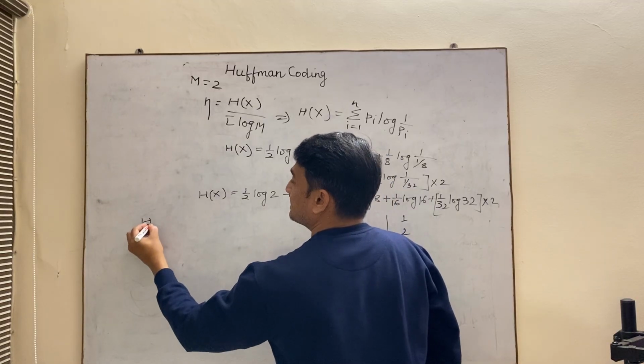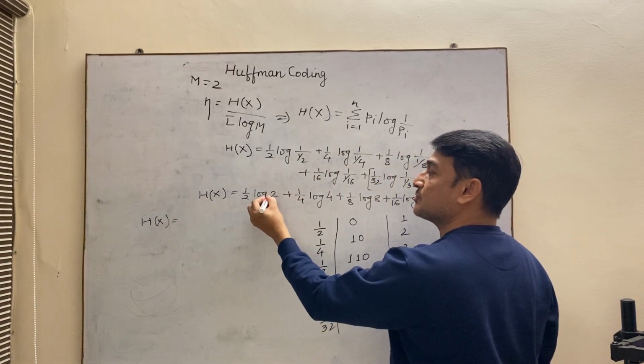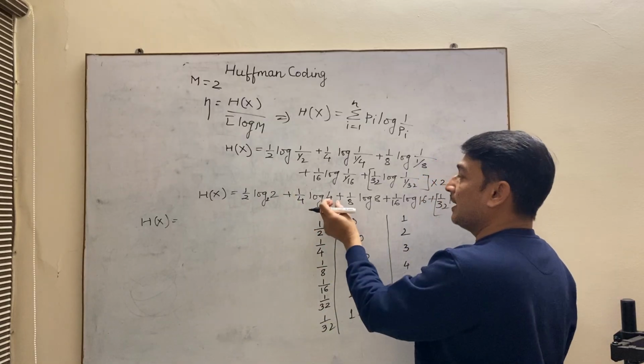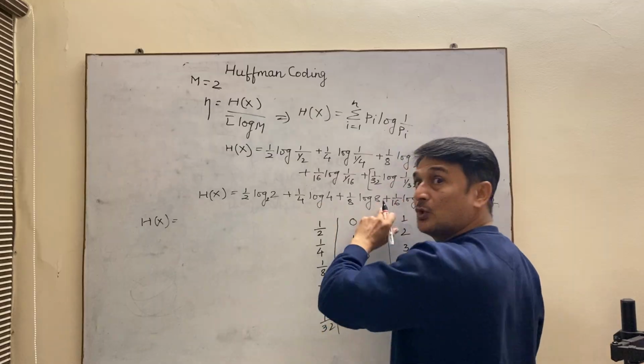Finally Hx is equal to, as you know, log 2 with base 2 will become 1, and you can write 4 as 2 square, so it will become 2 log 2.